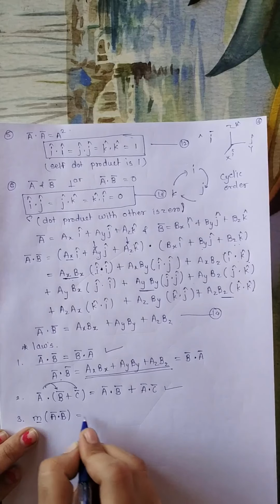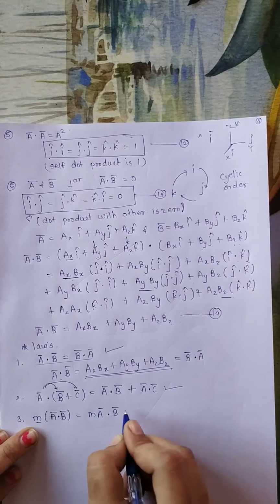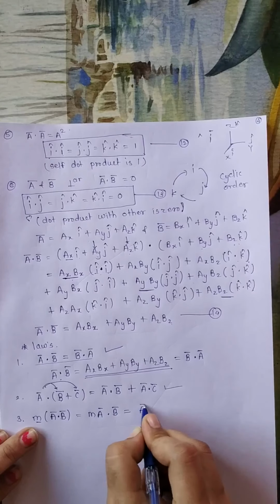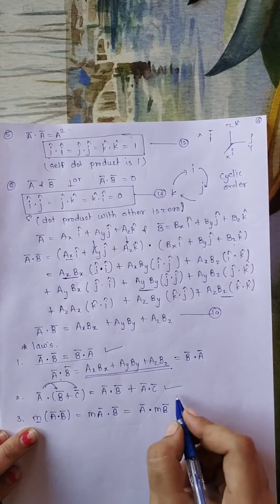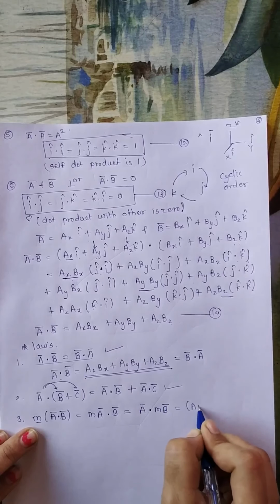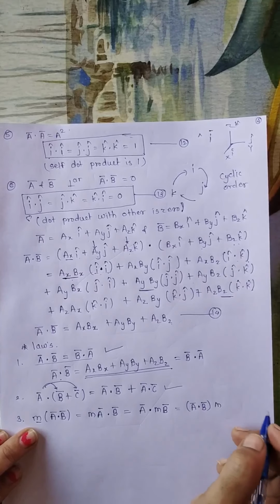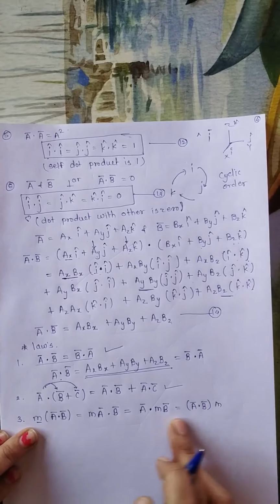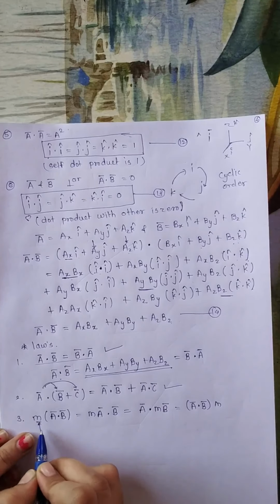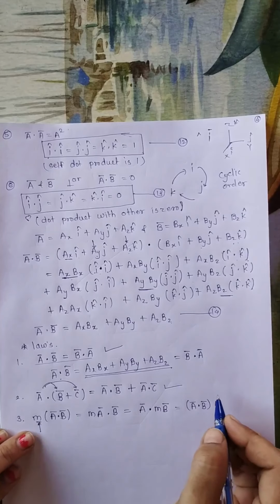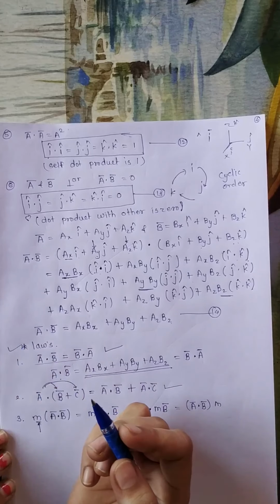That means I can take it in front of a dotted with b, or I can take it as a bar dotted with m into b bar, or we can take it as a bar dot b bar into m. So m is a scalar and all these values will be equal. This means you can multiply by a scalar anywhere in this expression. So these are the laws which are valid for the dot product.